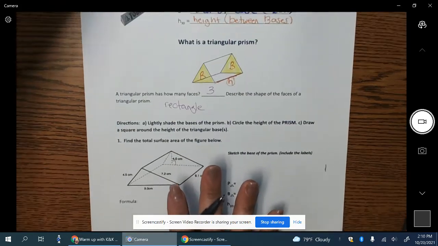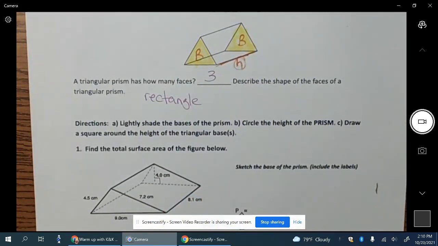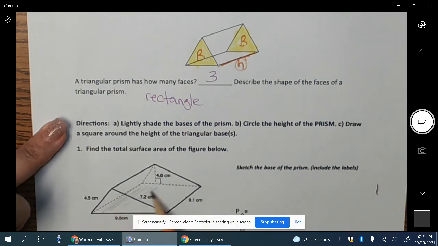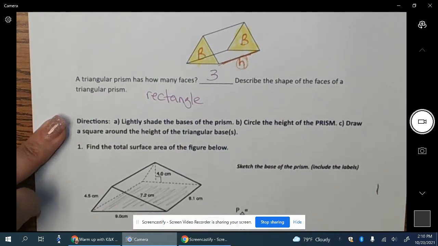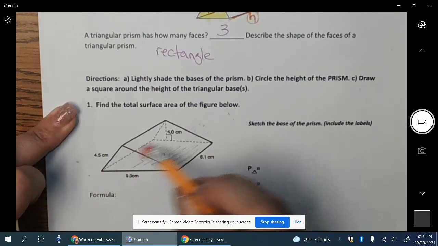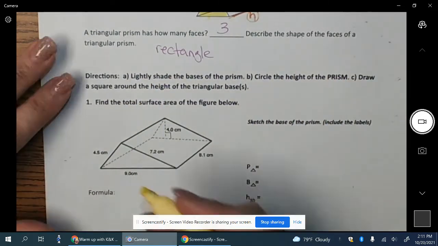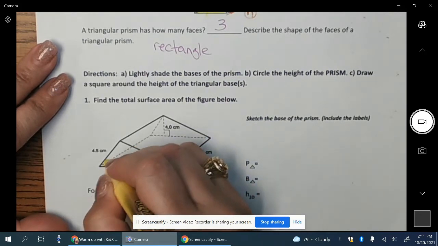All right, so now let's solve them. Again, solving them is just like yesterday. First thing I want you to do is shade your bases. Okay, where's your base? Right here, right? Is it right here? No. Don't be that person. Okay, don't make that mistake. It's the triangles.